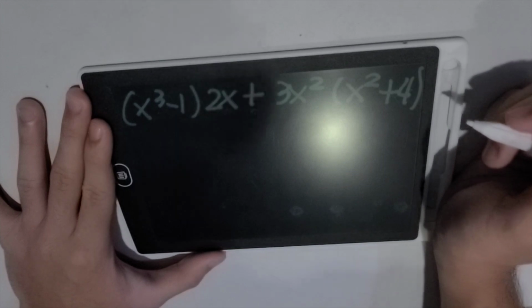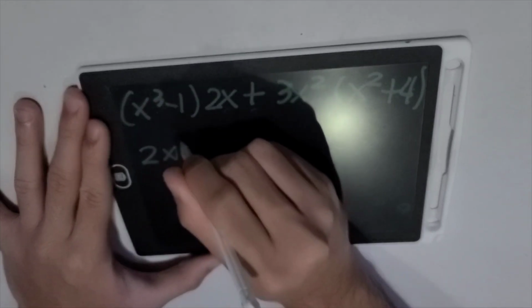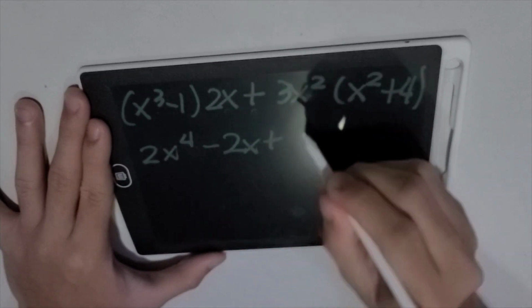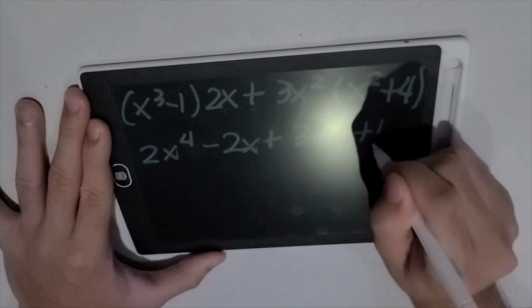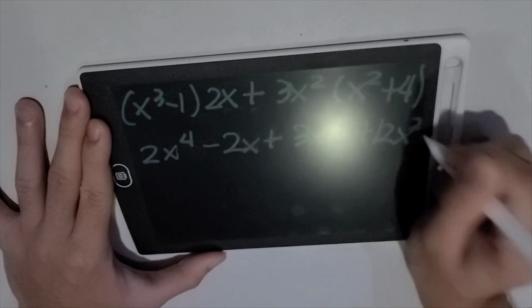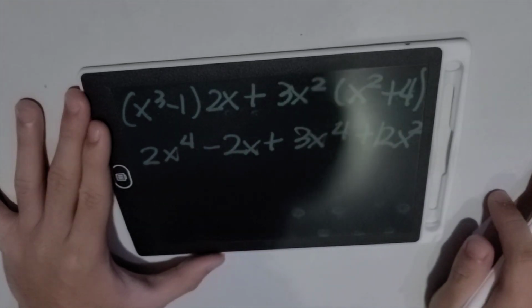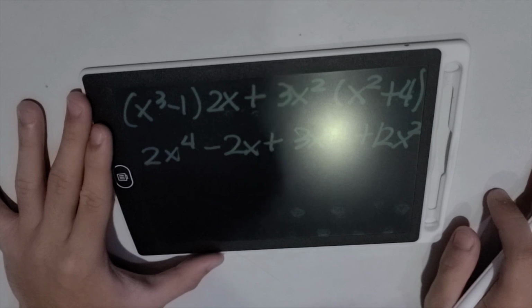Now it's time to answer, which is 2x raised to 4 minus 2x plus 3x raised to 4 plus 12x squared. As you can see, there are two terms here that have the same exponents, which are 2x raised to 4 and 3x raised to 4.